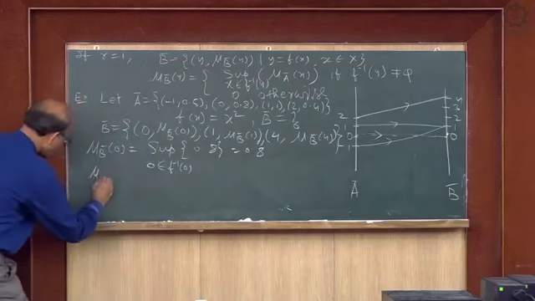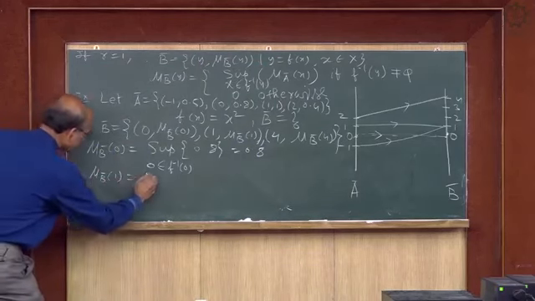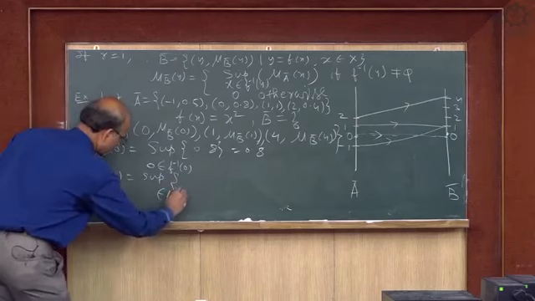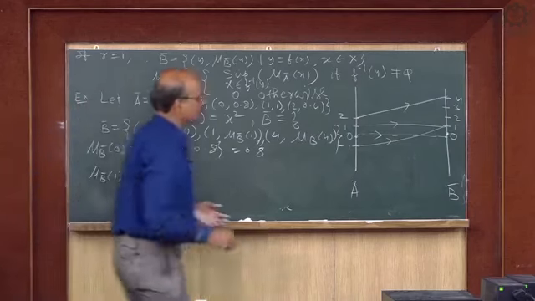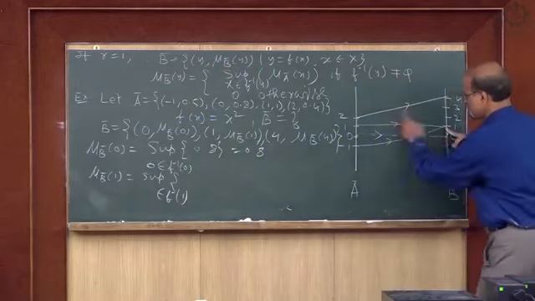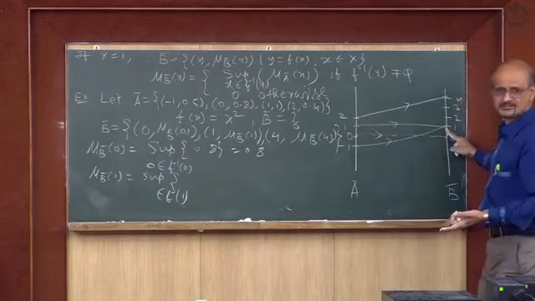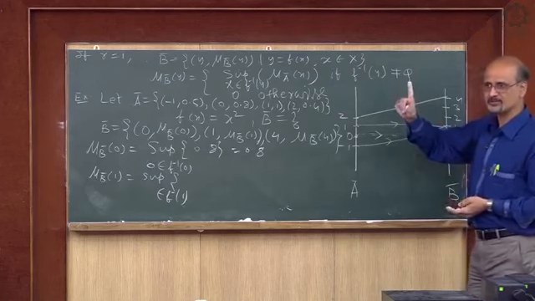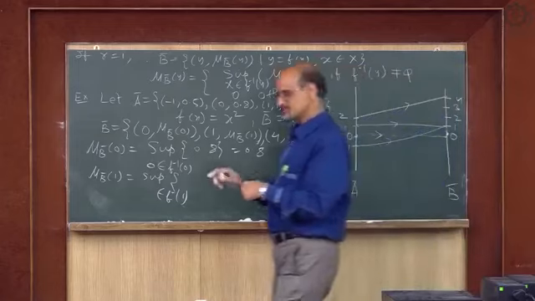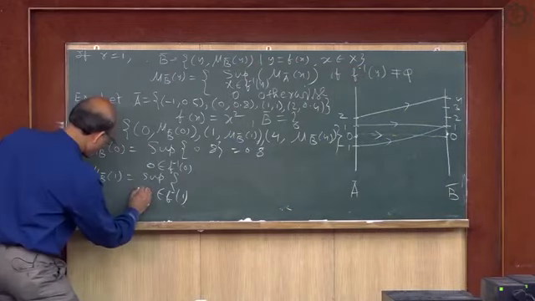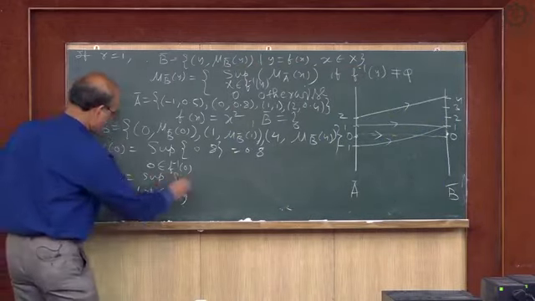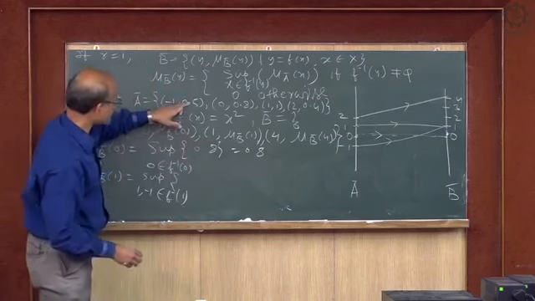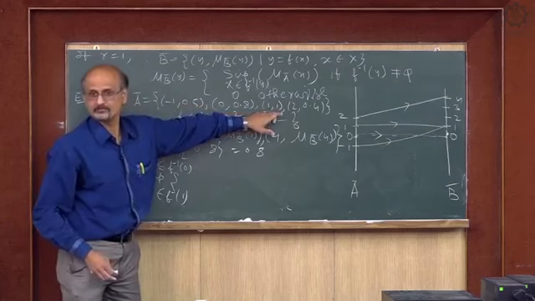So mu B bar 1 is equal to sup. Now you see f inverse 1 has two values, 1 and -1. Two members are there, but for 0 only one member was there. So it is 1 and -1, and then I have to take the sup: for -1 it is 0.5 and for 1 it is 1.